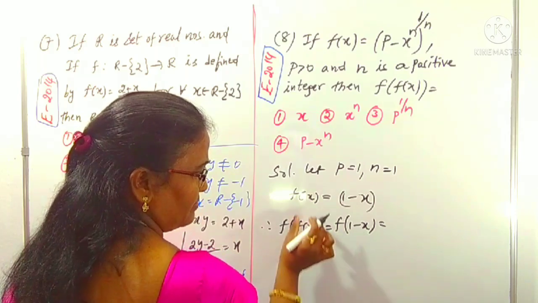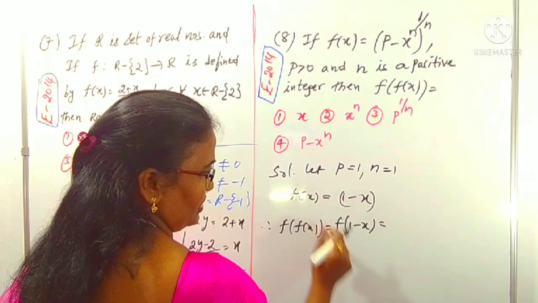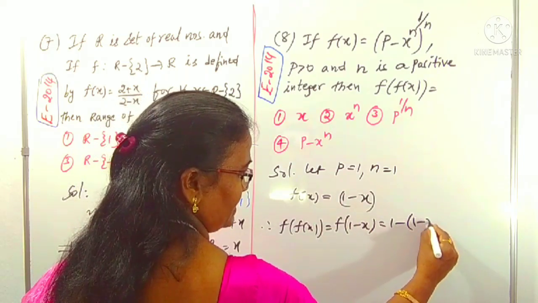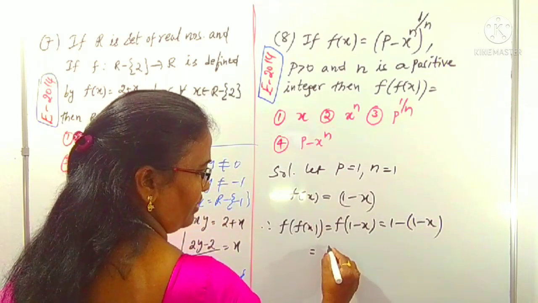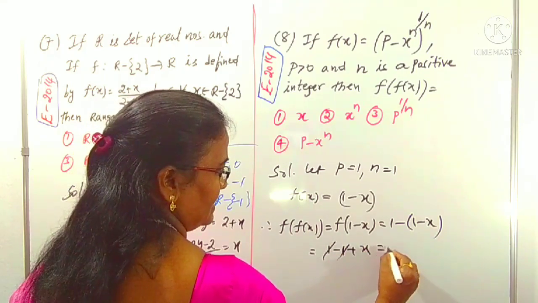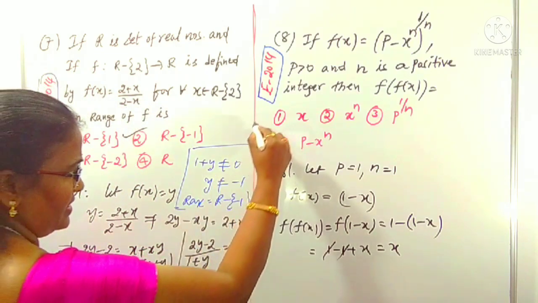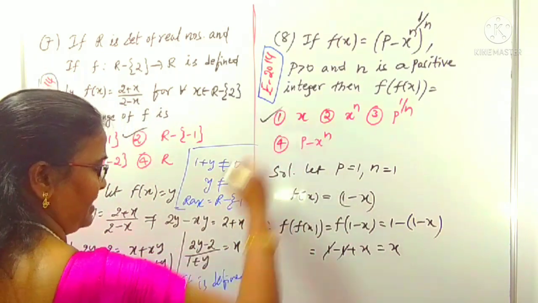Again, f of 1 minus x means in the place of x we write 1 minus x in this function. That means 1 minus of (1 minus x). Therefore, this is clearly 1 minus 1 plus x. Minus 1 plus 1 gets cancelled. This is x. Which option? Yes, this resultant value x is clearly the first option.